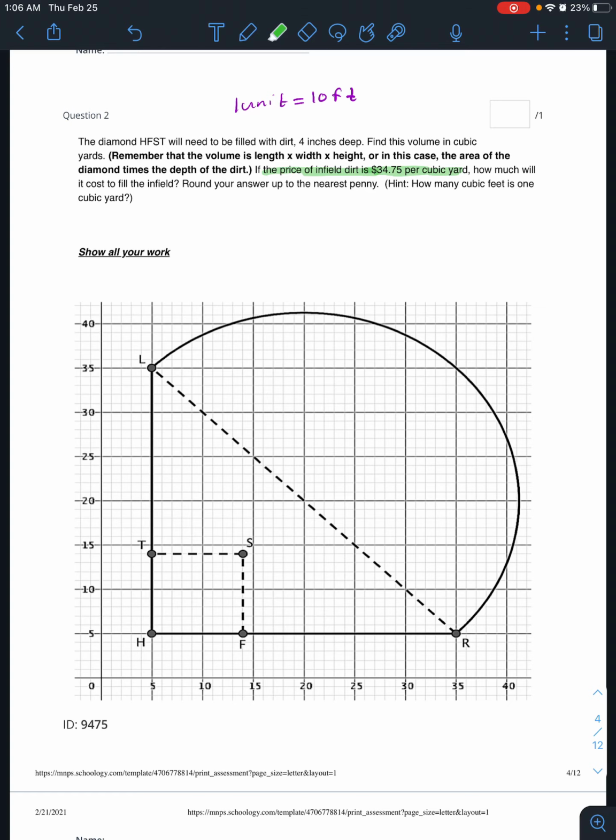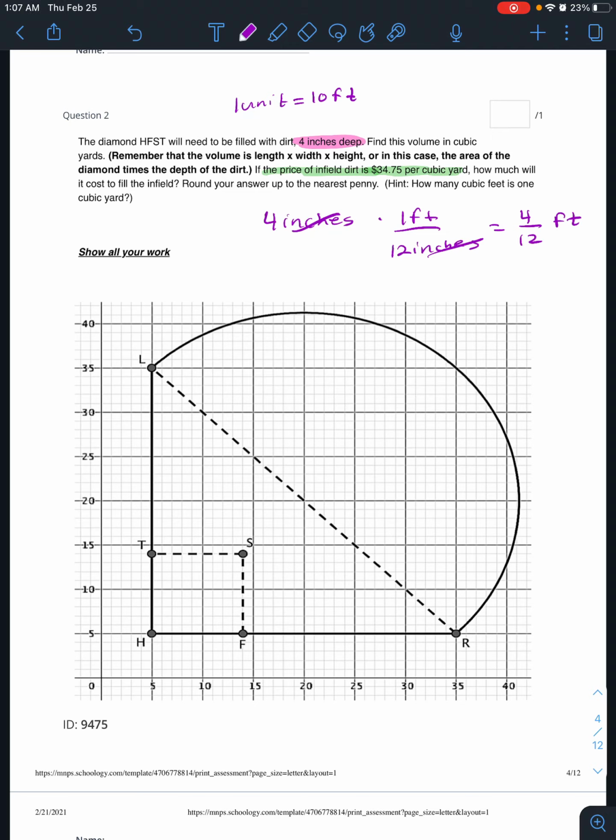One thing I'll help you on, though, is the 4 inches. So 4 inches, if you want to convert this into feet, remember, you can always write that 1 foot is 12 inches, and that inches crosses out, and you get 4 over 12 feet. So that would be the depth of the dirt that you're going to fill.